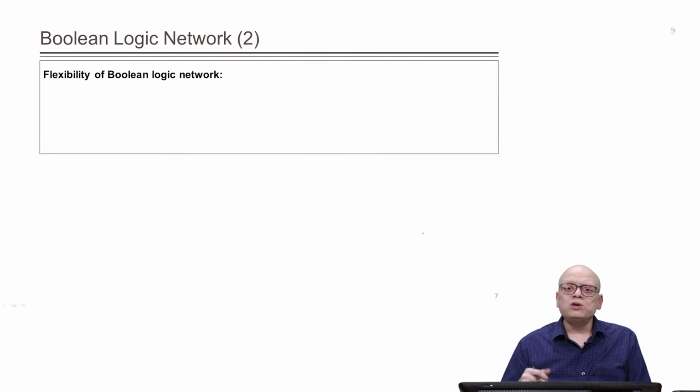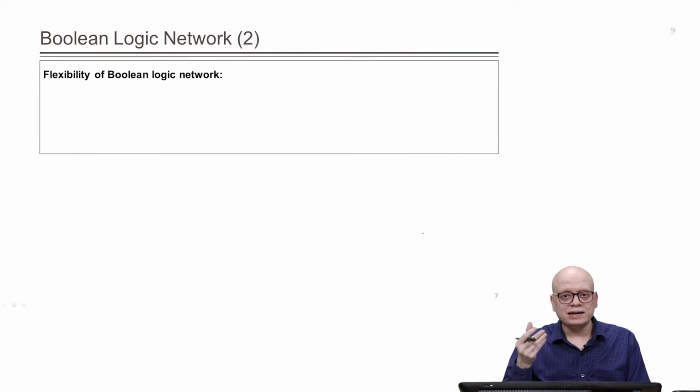Now, why do we want to use a Boolean logic network? The reason is that it is very flexible in terms of representation. If we see, a logic circuit is also kind of a Boolean logic network, but in a logic circuit we have individual gates that can be the local functions.